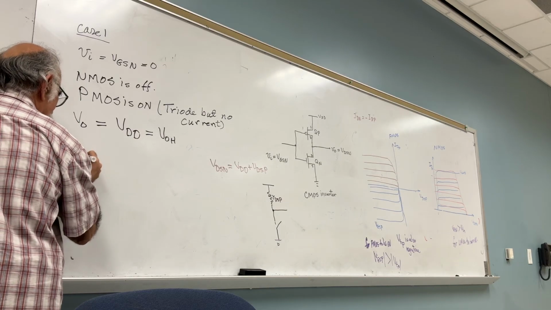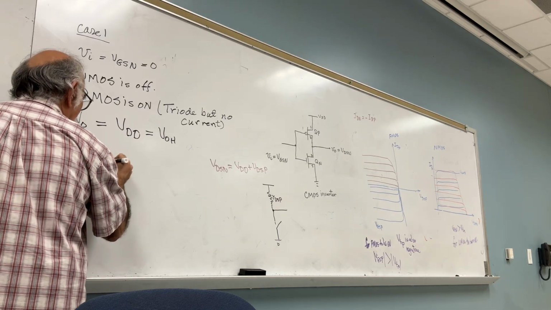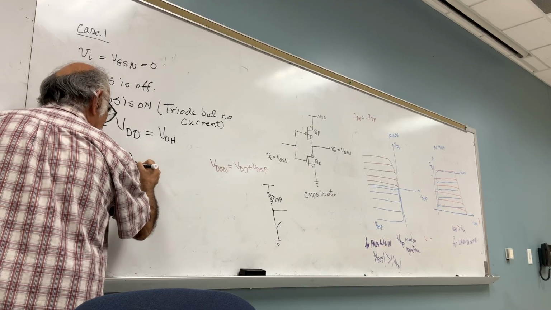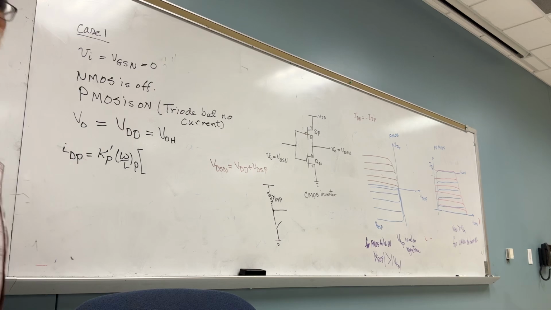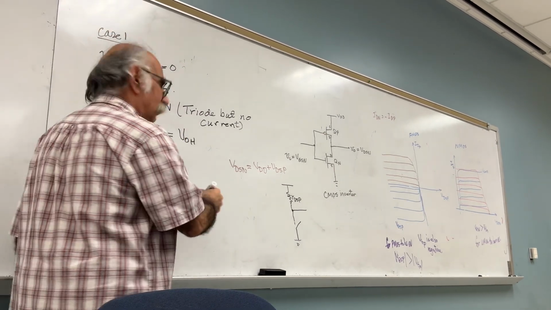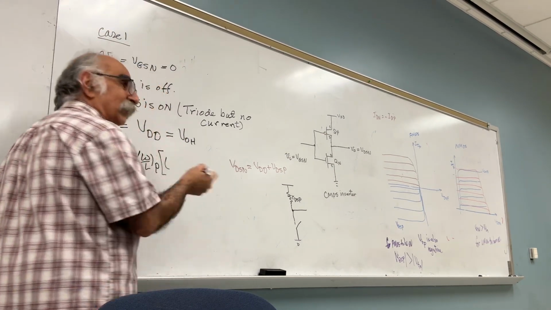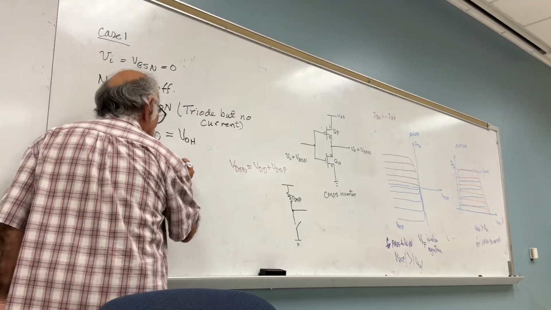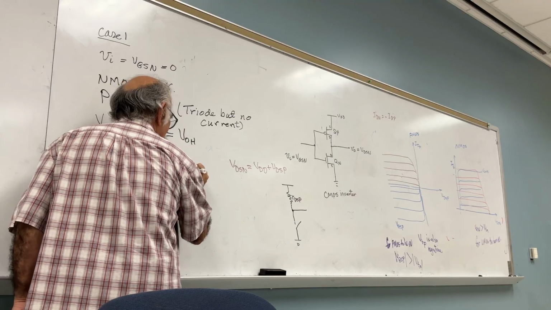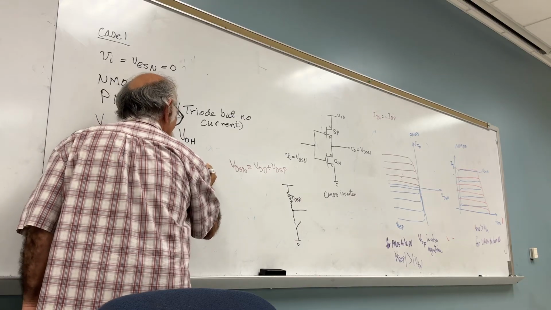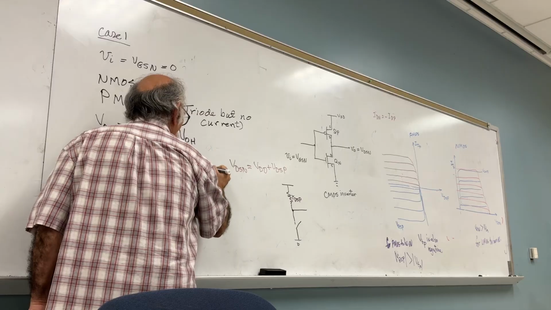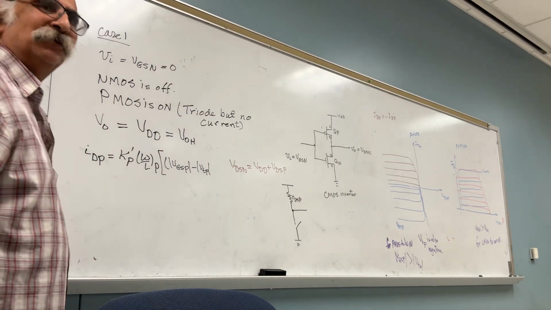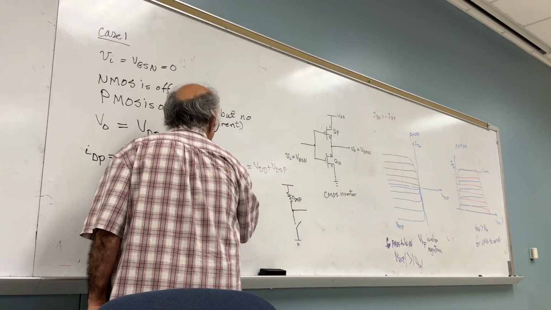IDP is equal to Kp prime W over L P. Let's write the equation first of all, and then substitute in terms of the V. Everything, all of this, by the way, is absolute values. Yes or no? Yes.